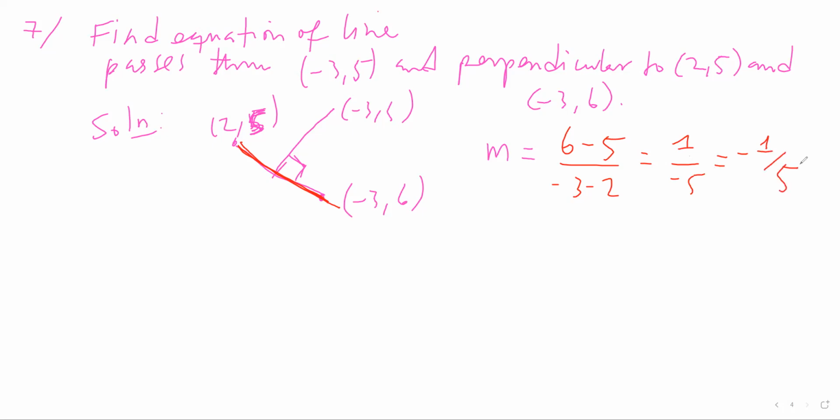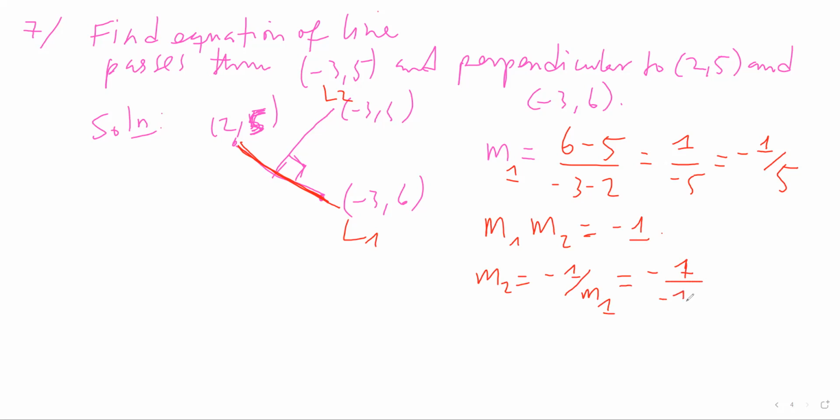But we know that if we call this line 1, this line 1 is perpendicular to line 2, and the product of the gradients of these two should be minus 1. So therefore, the gradient of line 2 is minus 1 over the gradient of line 1, and the gradient of line 1 is nothing but minus 1 over 5, and this is equal to 5.